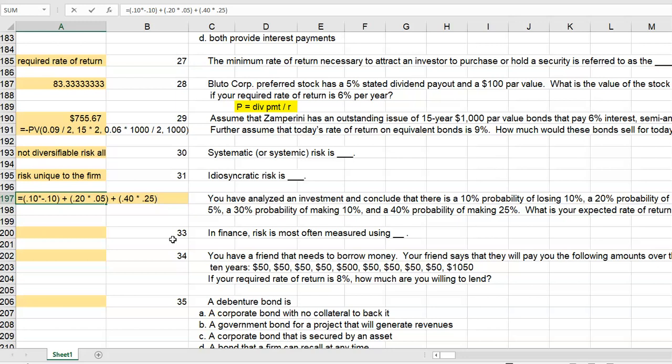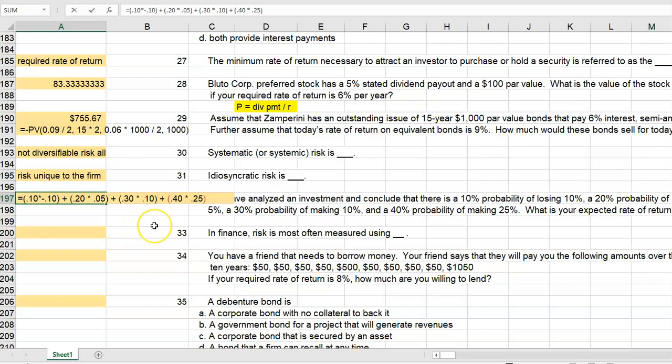Now, before you do this, you ought to just eyeball it. I could lose 10%. I could make 5. Oh, I'm missing one. I got the 30% chance of making 10%.